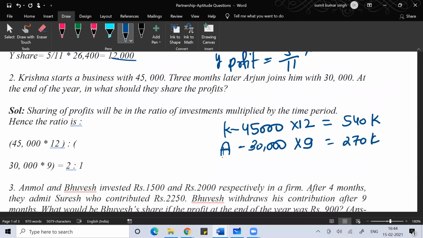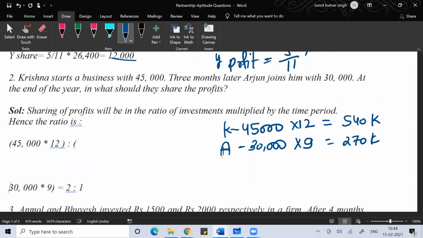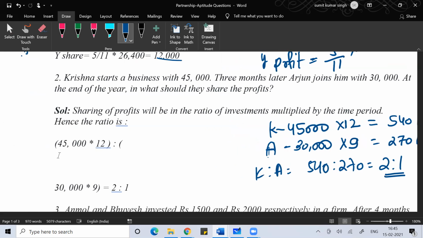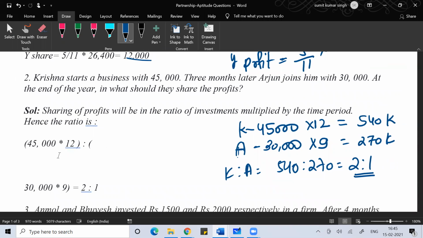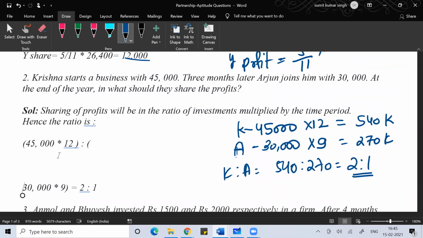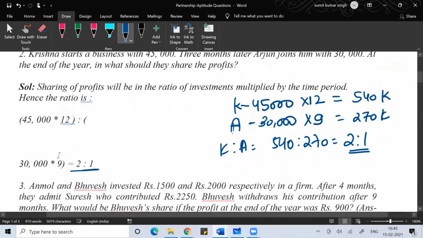So if you see the ratio, Krishna and Arjun, 540 is to 270. So this is like 2 is to 1. So 2/3 of the profit Krishna will take, 1/3 of the profit Arjun will take. So at the end of the year, they should share the profit in the ratio 2 is to 1.